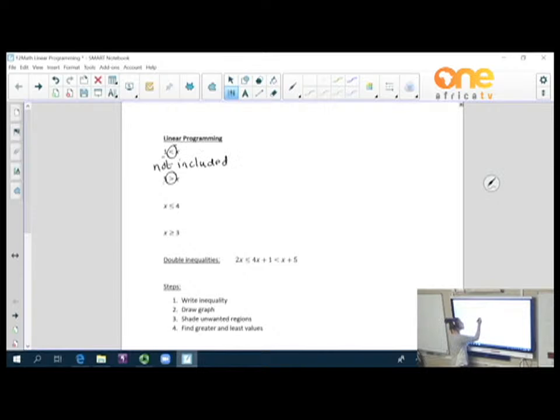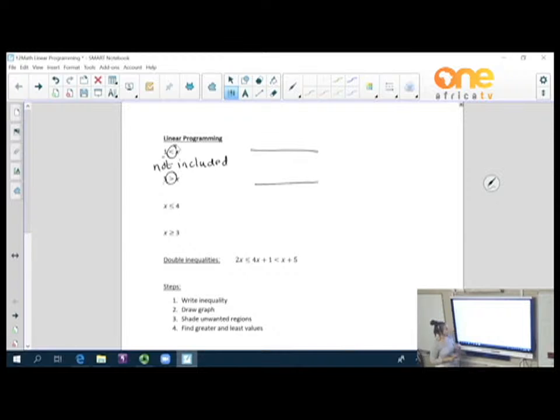Which means everything less than 1 in the first one's case and everything more than 5 in the second one's case. So what is also important is that you know how your linear equations can be drawn.